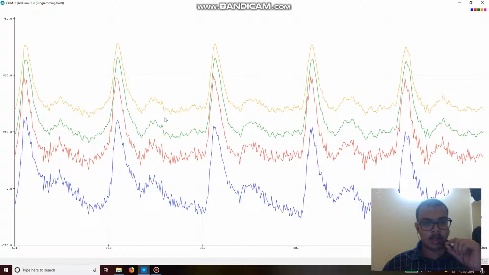And if we pass it through the 30 hertz filter, we can see it is even smoother.